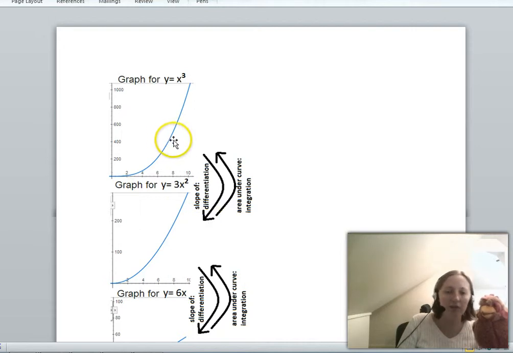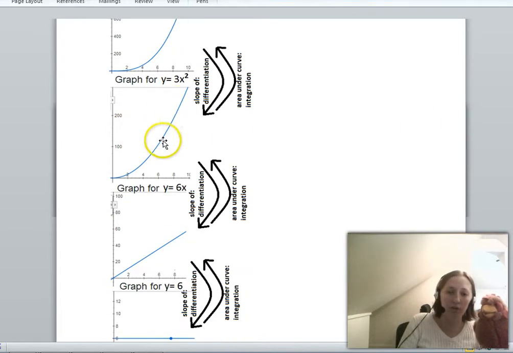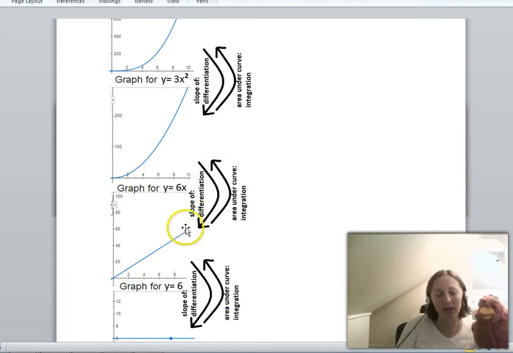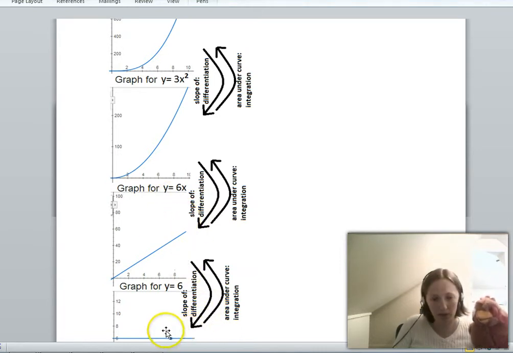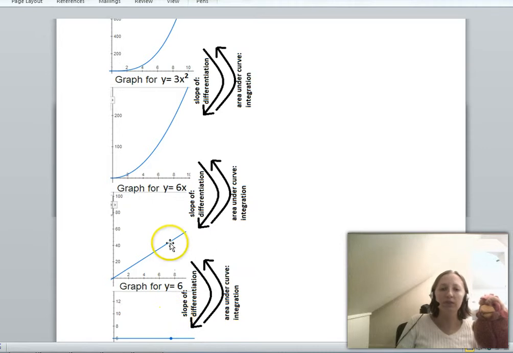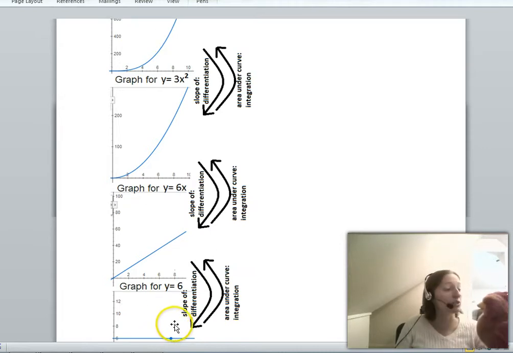So taking the slope of this function, you differentiate it to get this function. And then you take the slope of the 3x squared function, you differentiate that, and you get this graph, which is the slope of it. And if you wanted to go again and take the slope of this graph and differentiate it, you get this graph. So that's how you move down, and that's differentiating, and that's related to the differential rate law.